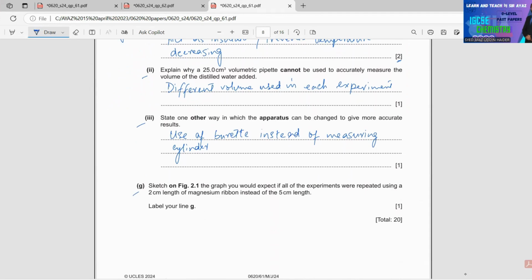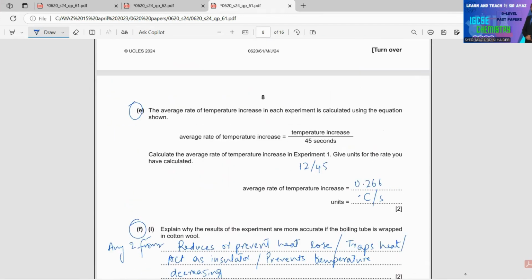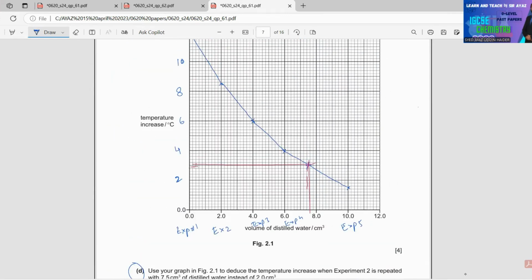G. Sketch on figure 2.1 the graph you would expect if all of the experiments were repeated using a 2 centimeter length of magnesium ribbon instead of 5 centimeter length. Label your line G. So definitely if you are having less centimeter cube of magnesium, temperature rise must be low.